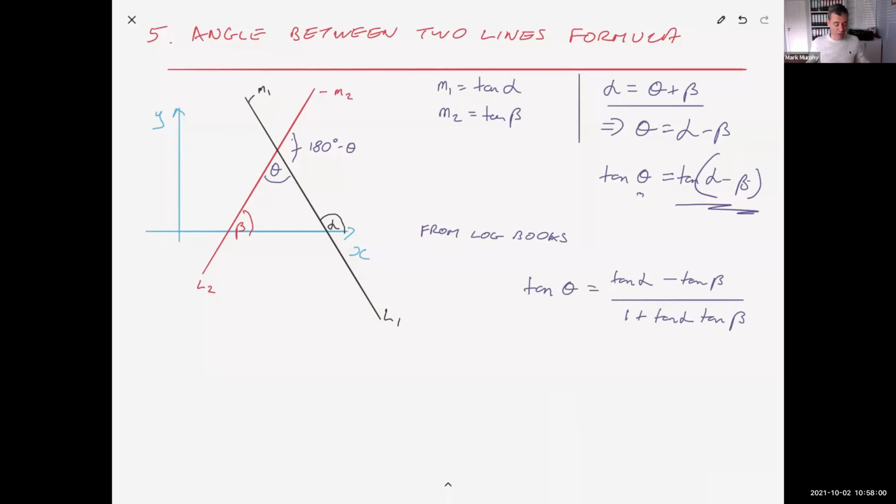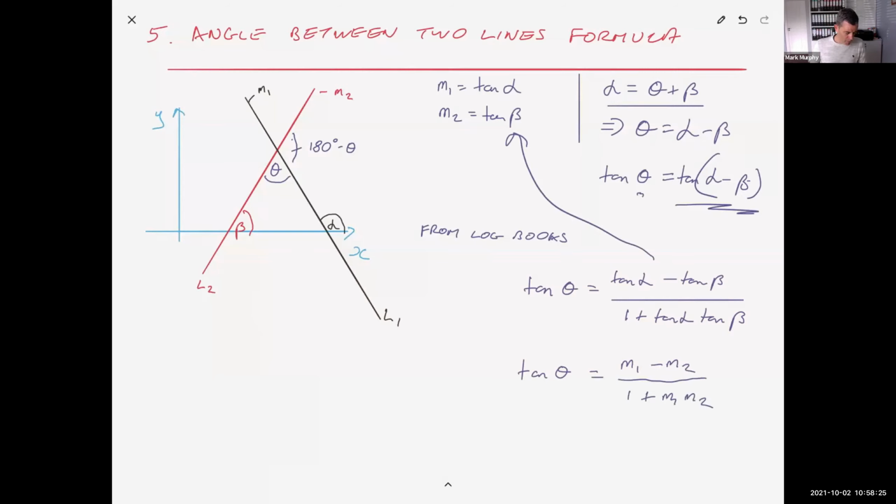And this is the most horrible thing I'm going to do this morning, by the way. So again, we go back up to the definitions here, and we're going to write it in a much nicer way. So then we can say that the tan of theta is equal to m1 minus m2 all over 1 plus m1 m2.